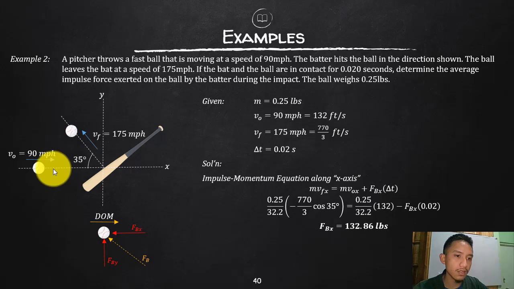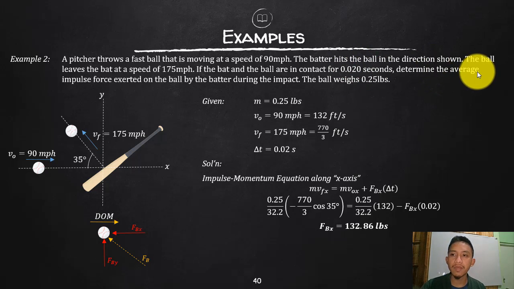Almost opposite, because not totally opposite, since that is inclined, going at 30 degrees from the horizontal. And if the bat and the ball are in contact for 0.020 seconds, just a glimpse of time, that is your delta t.